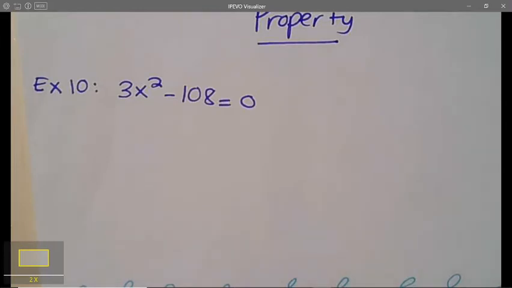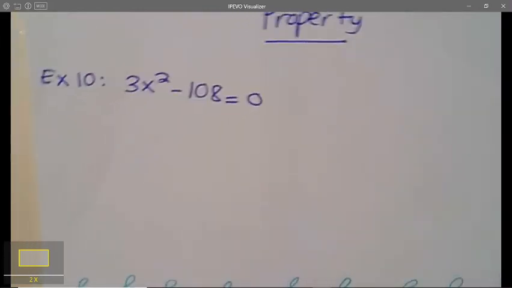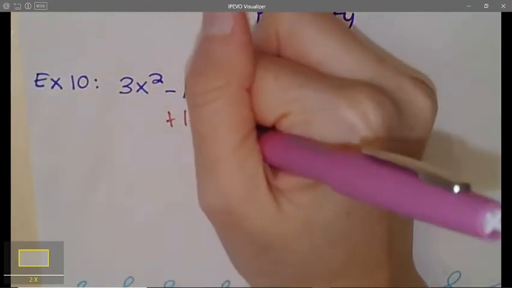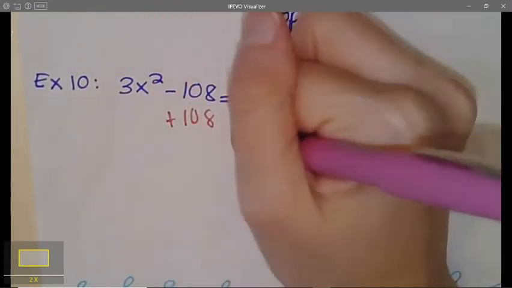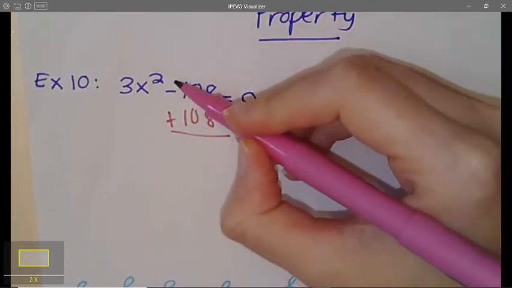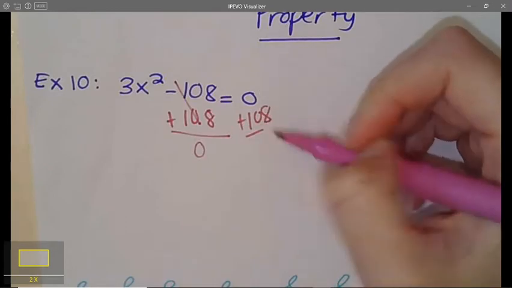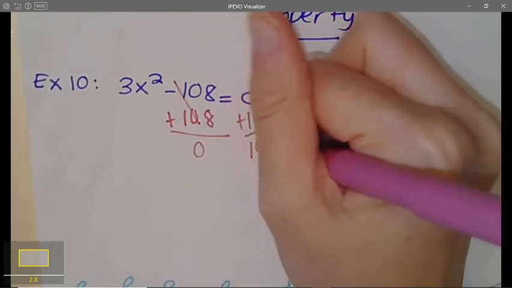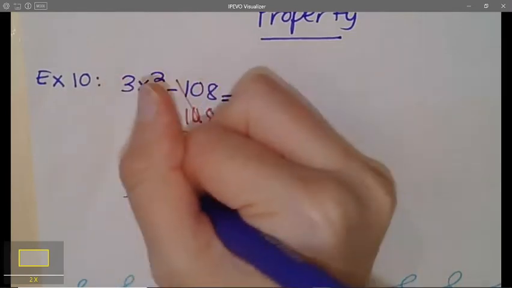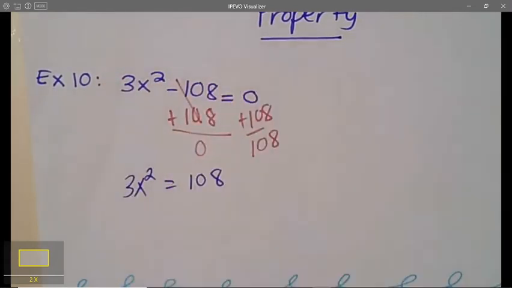The way that you move a negative 108 to the other side is by adding it on both sides. So I'm going to add 108 on both sides of my equation. Negative 108 plus 108 will cancel and turn to 0. 0 plus 108 is 108. So we're left with 3x squared equals 108.